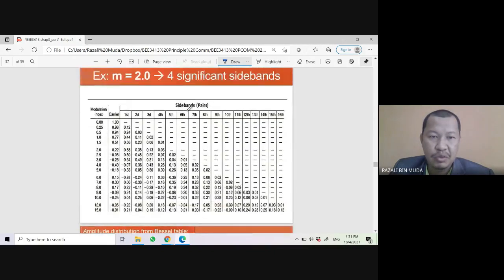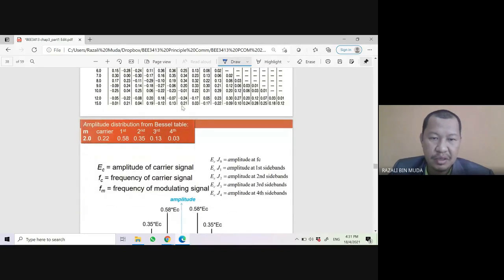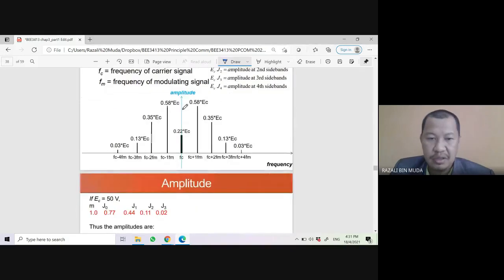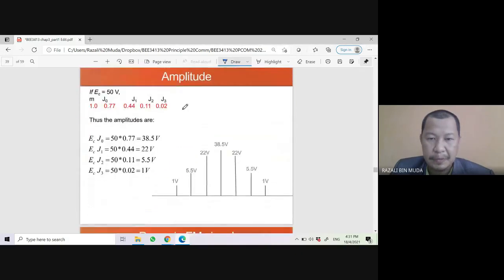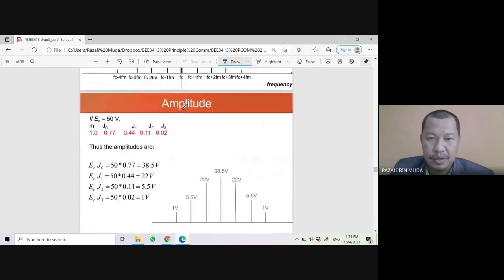For m equal to 2, we have 4 significant sideband, 1, 2, 3, 4. Okay, what is the value here? 0.22, 0.58, 0.35, 0.13, and 0.03. Okay, so that's all.